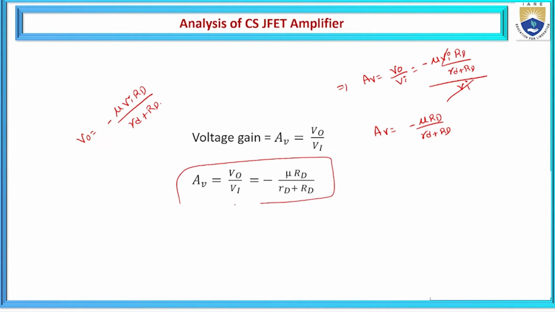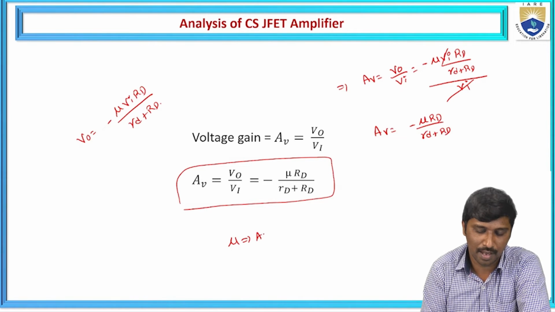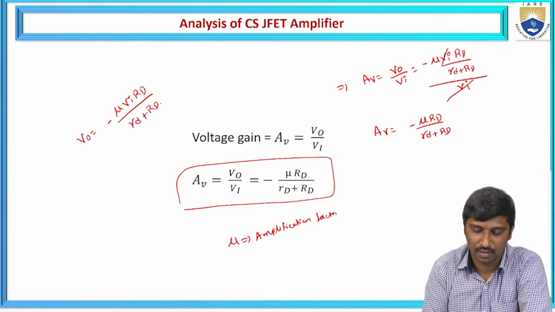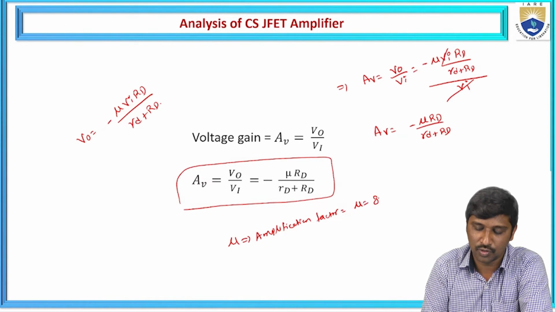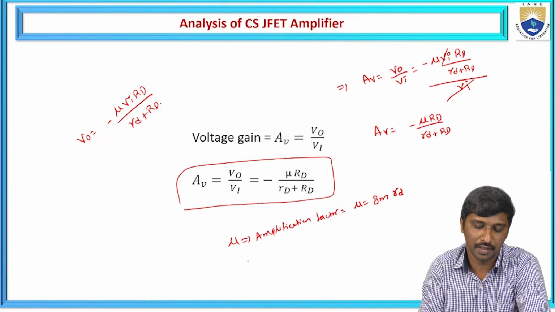Hence, this is the voltage gain of the common source JFET amplifier, where mu is the amplification factor, and it is also represented as mu equal to Gm into small rd.